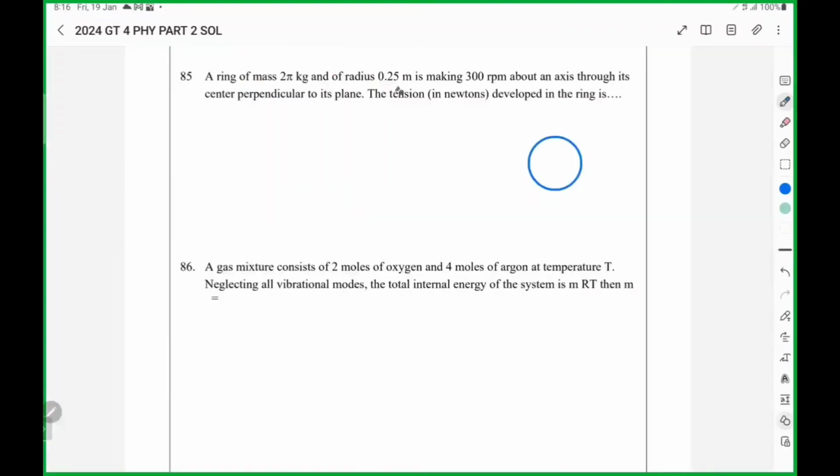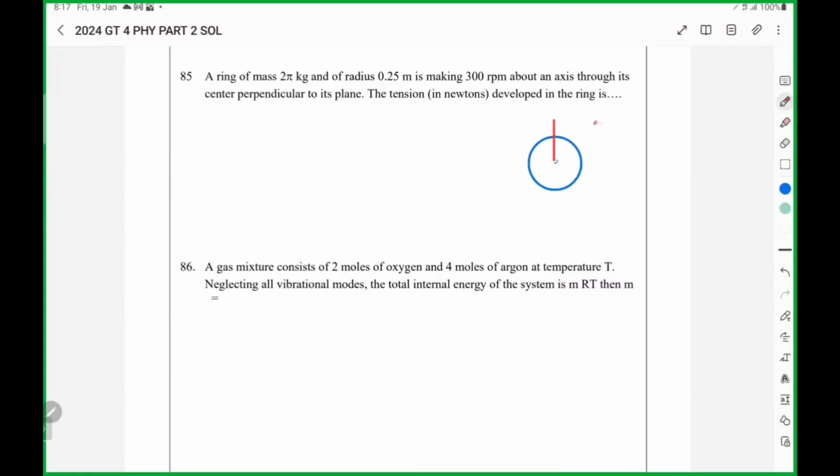A ring of radius R is making 300 revolutions per minute. Once it is rotating about its own axis, any part of the ring will be under tension.